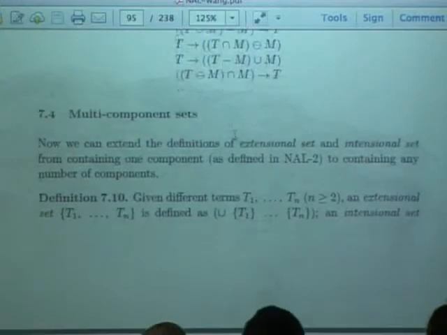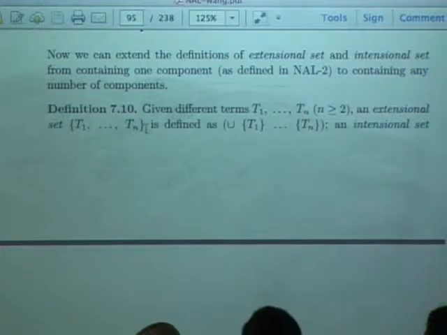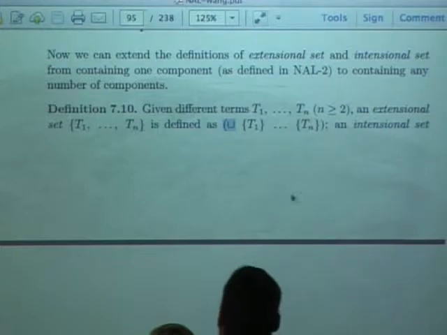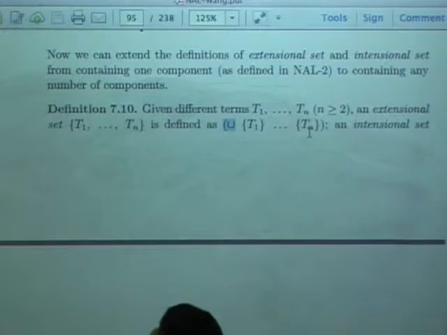And now you see we can apply that idea to the set we introduced before. Yeah, we know a term is not necessarily a set in general, but what if it is? Then we have some special treatment. You see that a set with multiple components can be defined exactly using the intersections. So you see that this is nothing but all of those union together, or using what we call the intentional intersection operator.